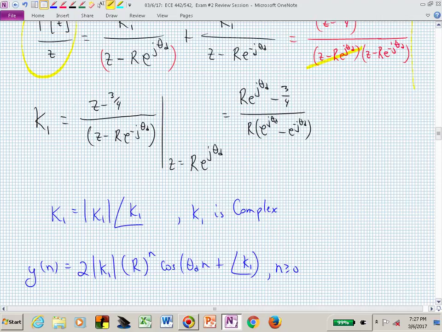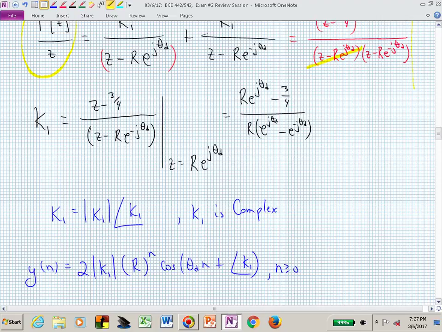You're just now trying to find a complex number for k sub 1, and obviously that's going to give you generically a complex number. And if k1 is complex, then it has a magnitude and it has an angle in polar form.